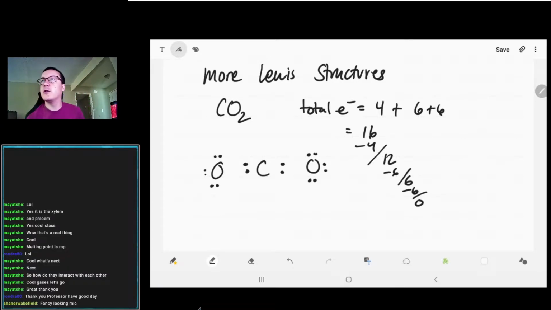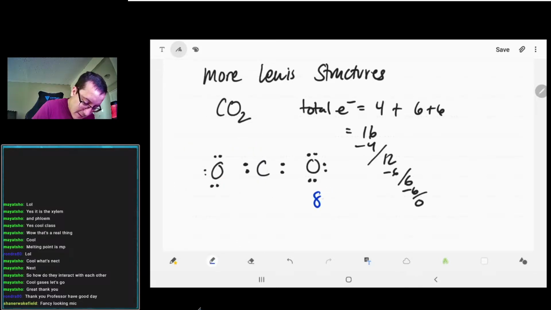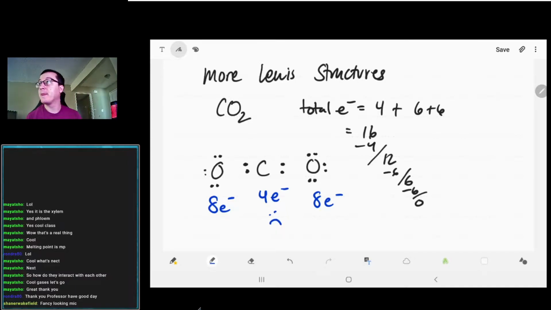Alrighty. So we have now a Lewis structure, yes? If we look at it, we see, okay, our oxygen has 8 electrons. Other oxygen has 8 electrons. However, this poor carbon in the middle has only got 4. It's very sad.